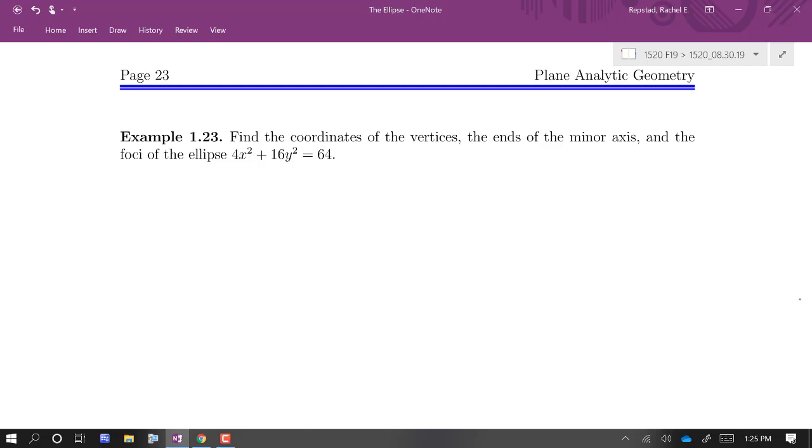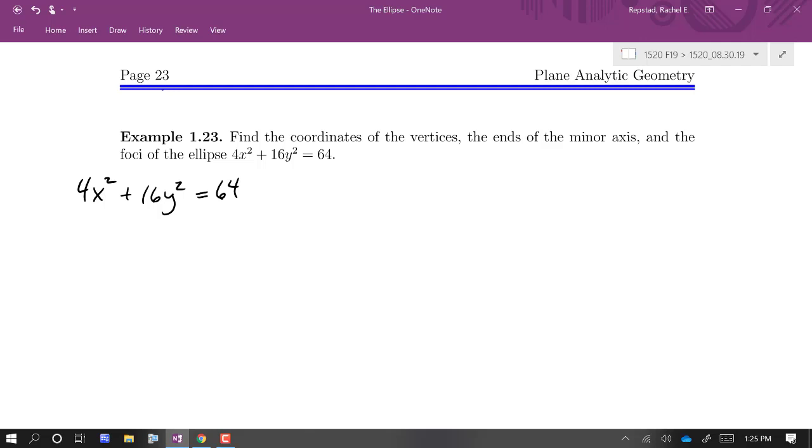So we want to do a similar thing with this equation as we did the last one, but we just have to start by getting it in standard form. If I want this to be equal to 1, here's not a useful way to do it: I'll just subtract 63 from both sides.